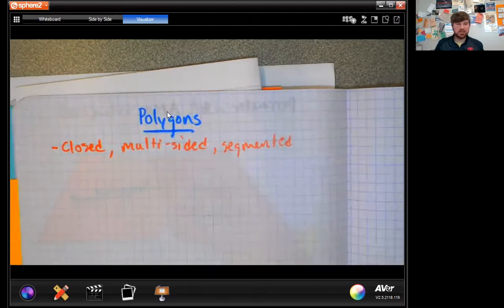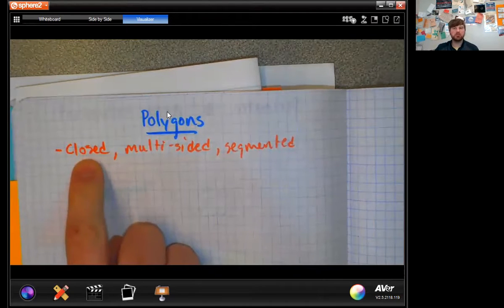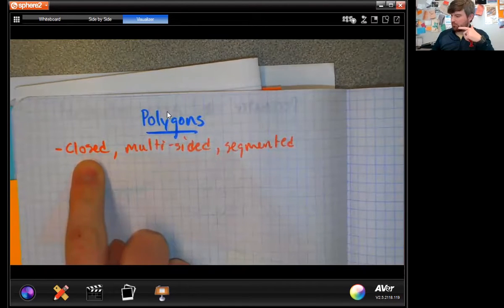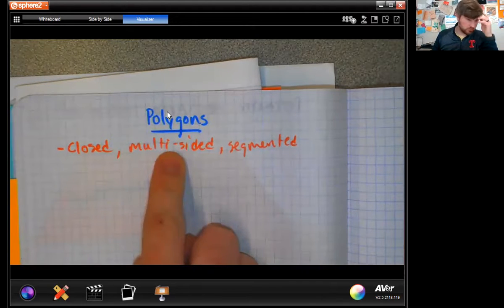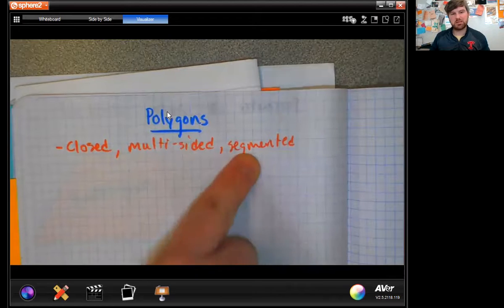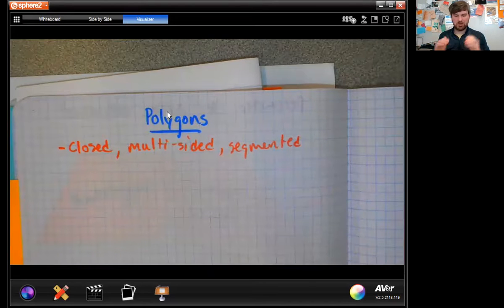What that means is that it has no openings, that there's actually an inside and an outside. Multi-sided means that there's more than two sides. So the smallest polygon that you can have is a triangle with three sides. And segmented means that none of the sides have any curves.